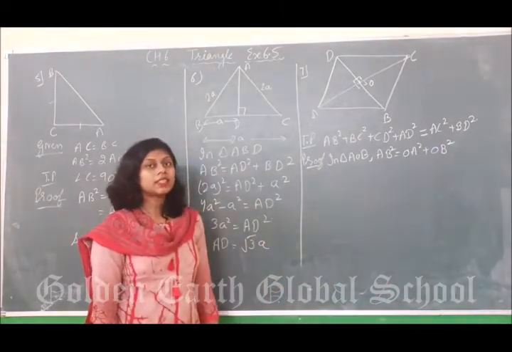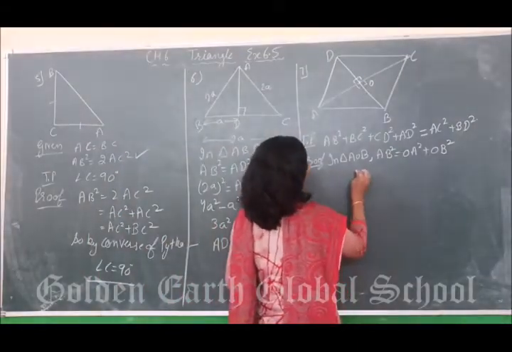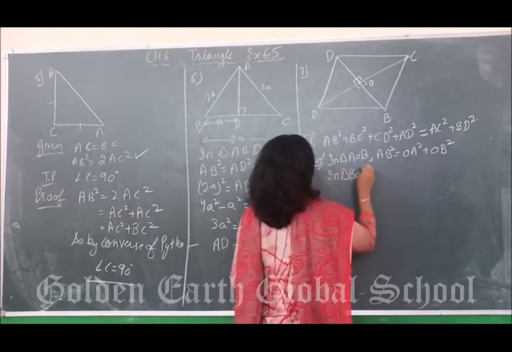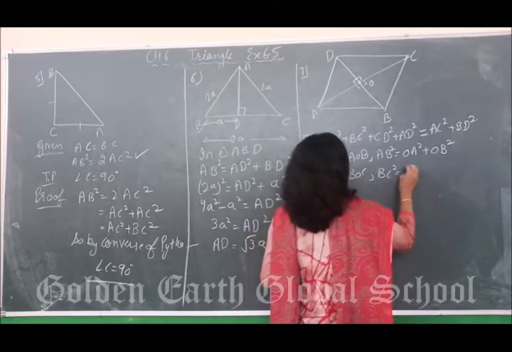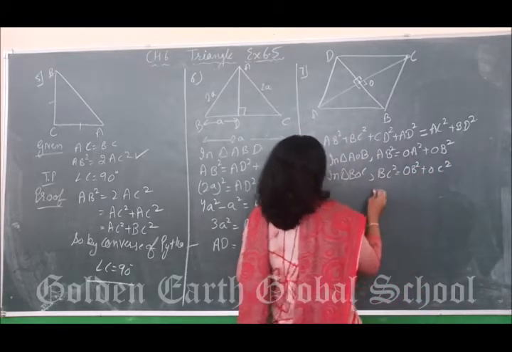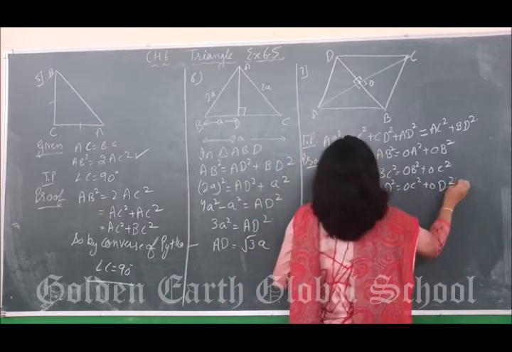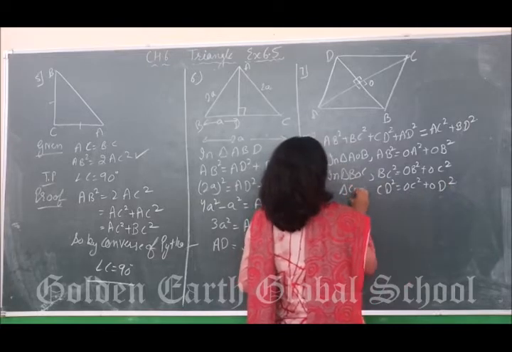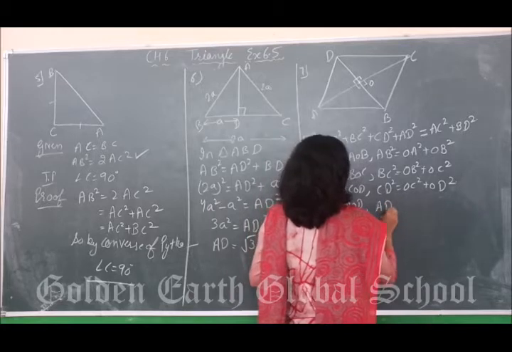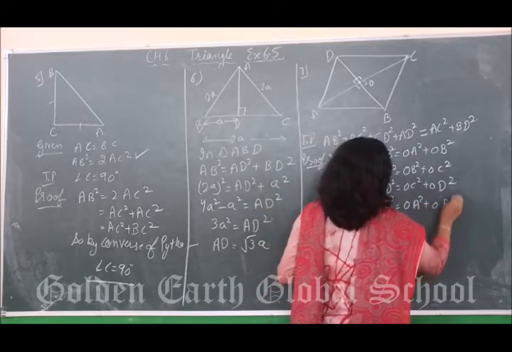Similarly, we will apply this result to all the four triangles. In triangle BOC, BC square is equal to OB square plus OC square, CD square is equal to OC square plus OD square in triangle COD, in triangle AOD, AD square is equal to OA square plus OD square.